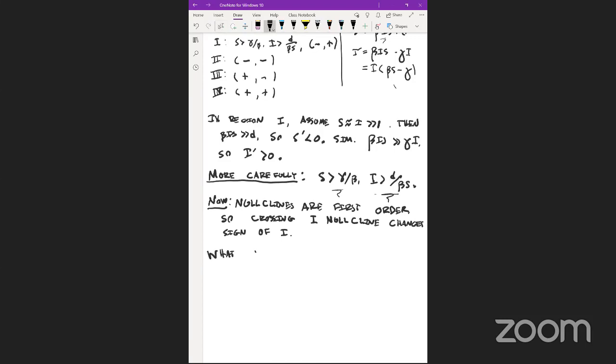What is the actual behavior at the equilibrium solution?